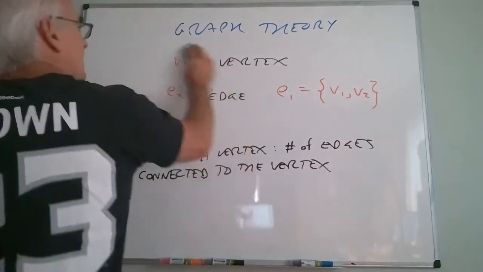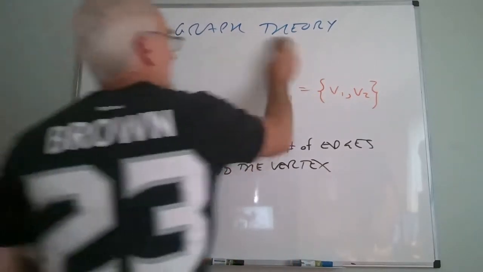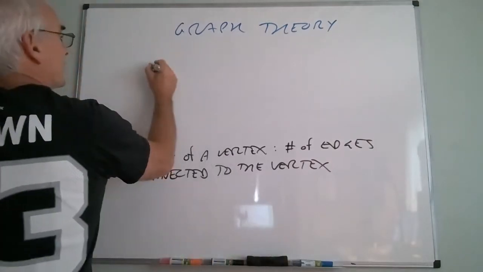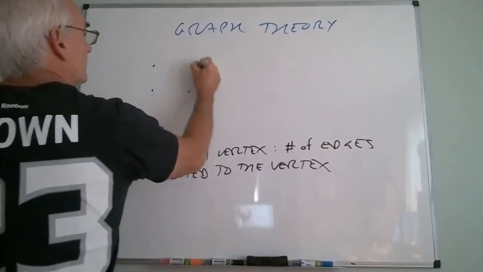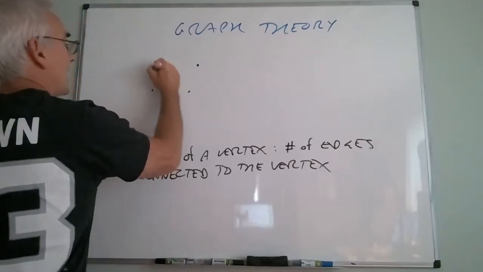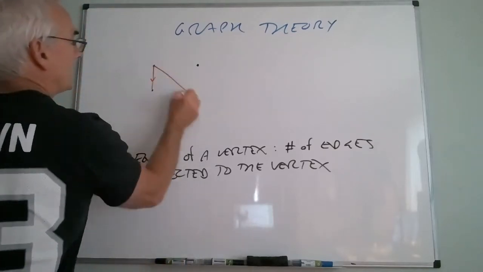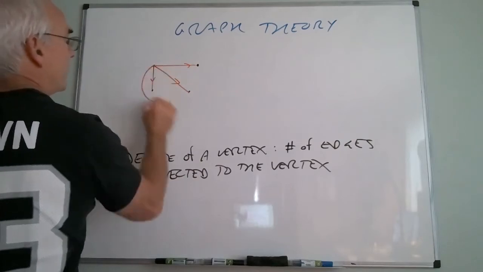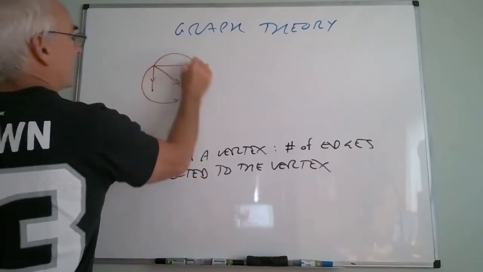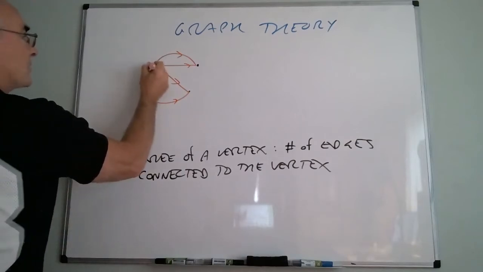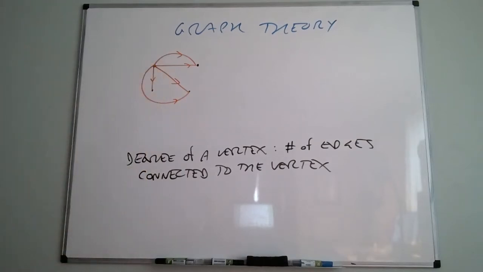An easy way of thinking about this is, if I've got several vertices, and I have a path here, and a path here, and a path here, and maybe another path here, and maybe another path here, I'm just going crazy wild. Then if I'm looking at this vertex, how many paths are leaving it?